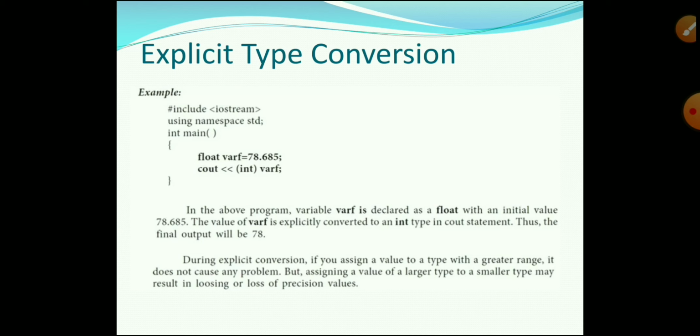See here, the explicit type conversion. Here float variable f equal to 78.685. This is float, a float value only. I gave the float data type and a float value. Fine. Next, in cout itself, I mention the data type, int. I declared a variable with the float data type.